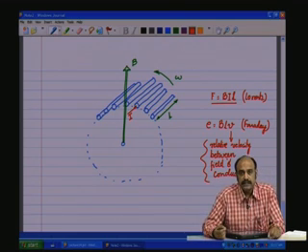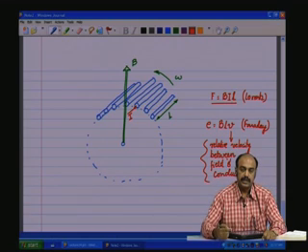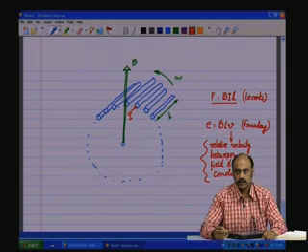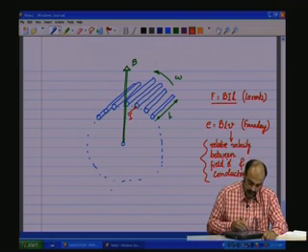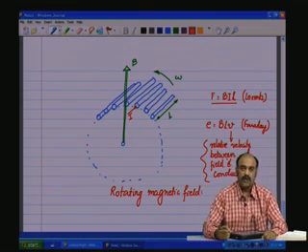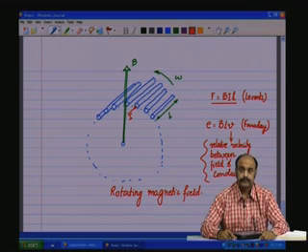In the case of the induction machine, because we have a 3-phase system, it is possible to generate a B phasor which is rotating in space. That is called the rotating magnetic field. So, how do we generate this rotating magnetic field?